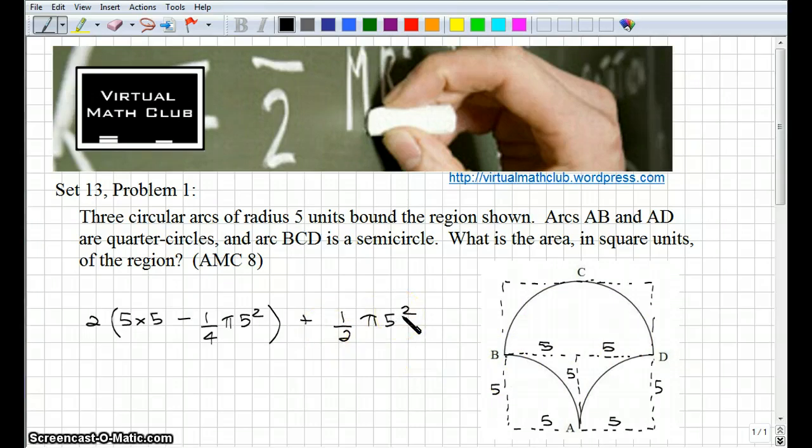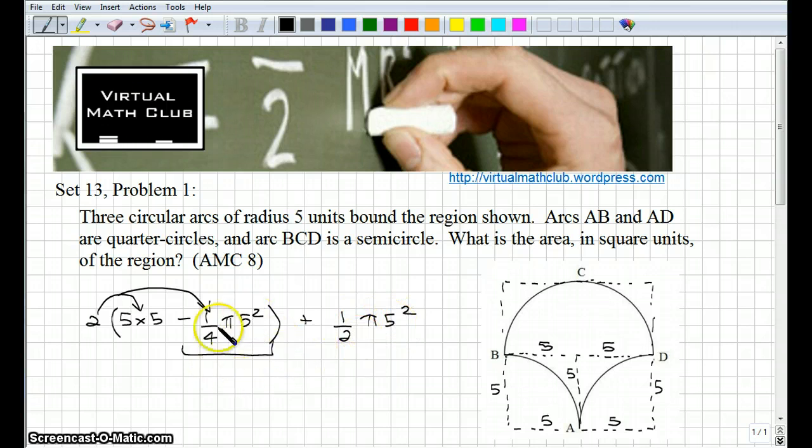Now, I'm not going to actually calculate that all out, you could do it. And as you can see, if you distribute the 2 here, 2 times 1/4 is a half, so you actually get a minus 1/2 pi r squared and a plus 1/2 pi r squared.